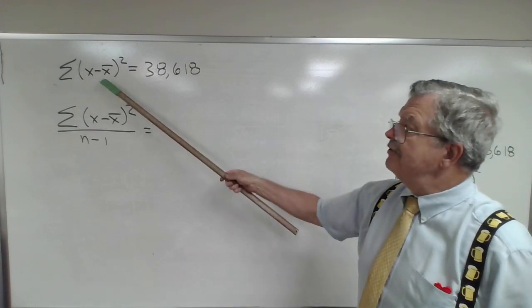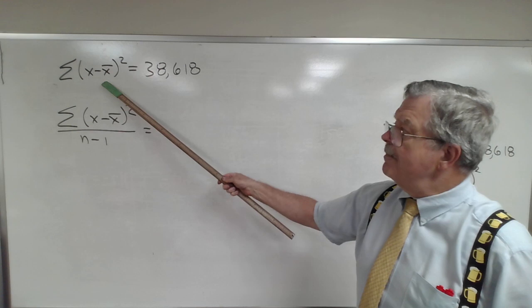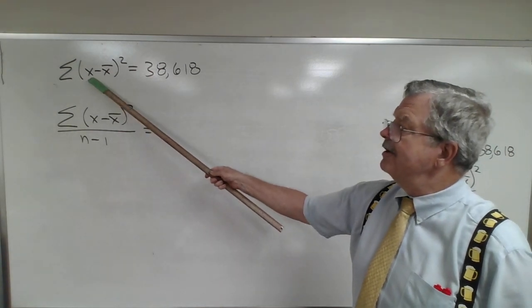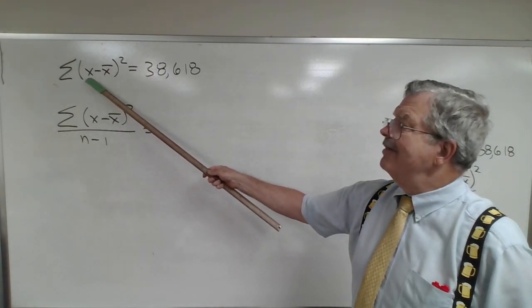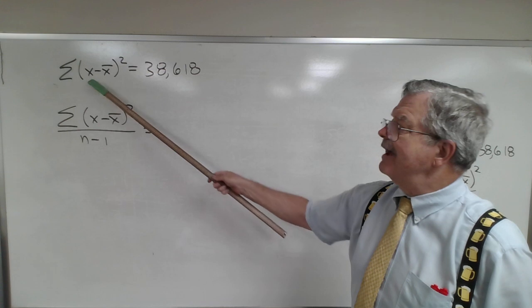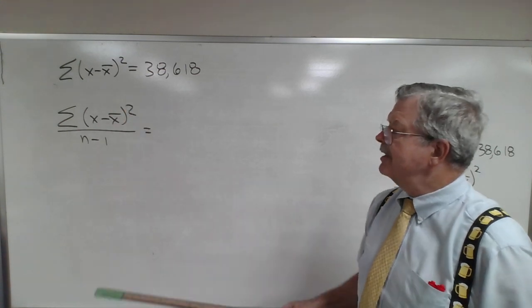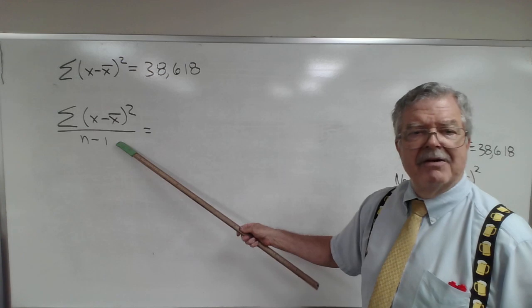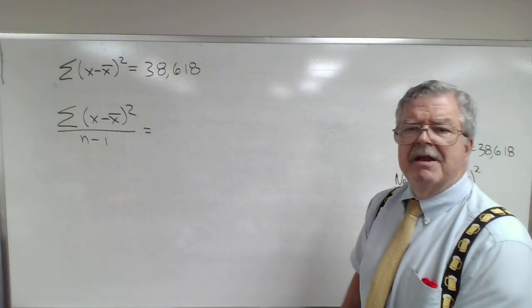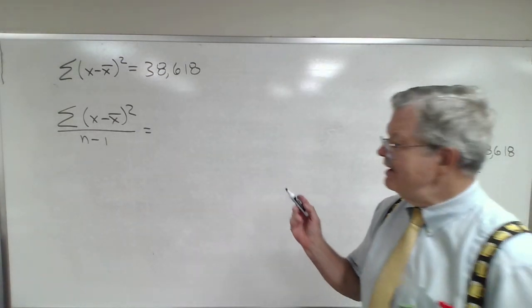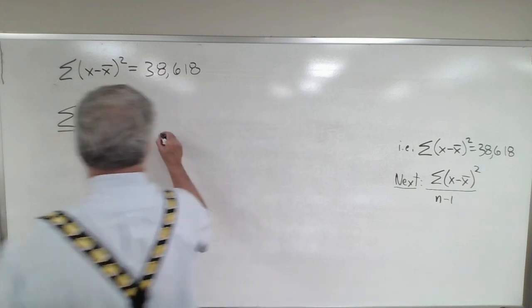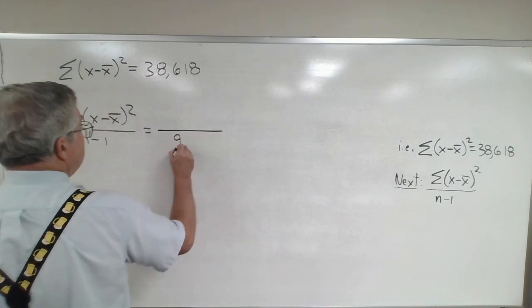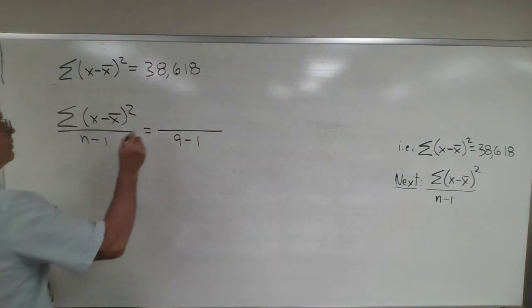Take this thing and divide it by the number of data values minus 1. If you remember, we had 9 data values. So n is 9, and we're going to subtract 1.